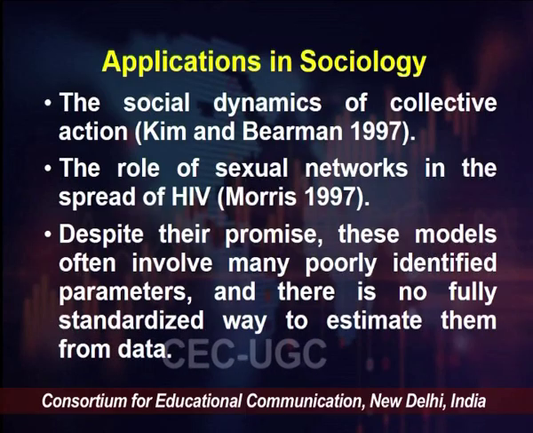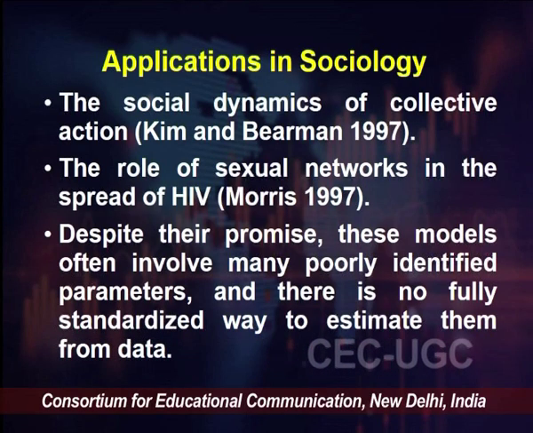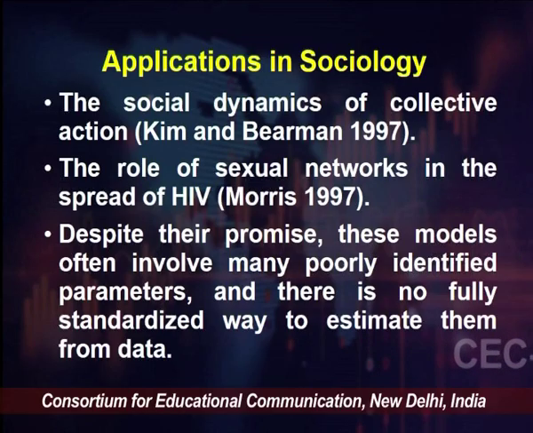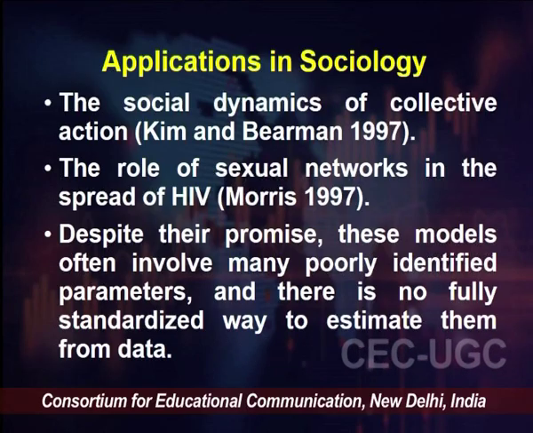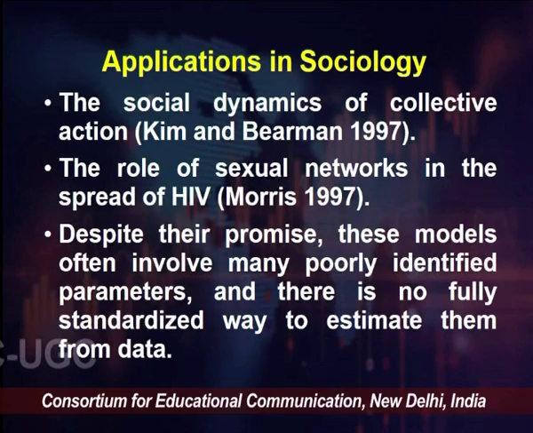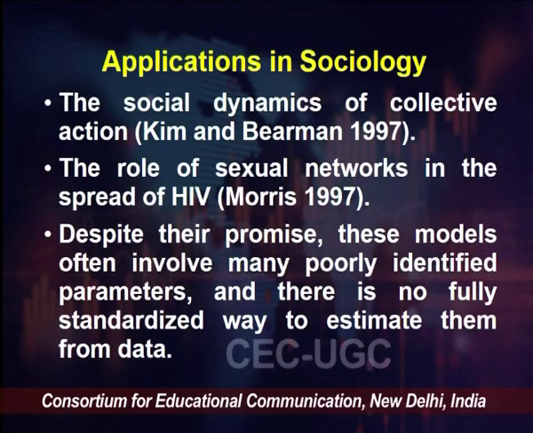Another work published in 1997 is by Morris, and they look into the role of sexual networks in the spread of HIV. Now, despite their promise, these models, that is the simulation models, often involve many poorly identified parameters, and there is no fully standardized way to estimate them from data.